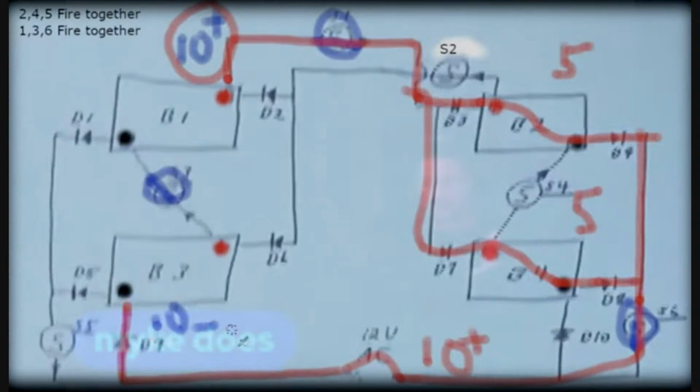And this cycle is completed here, or there's a closed loop here through the load, which would power the load, and through the batteries, which would charge them. I don't see why not. Yeah. Anyway. And because this switch here is open, nothing can go that way.